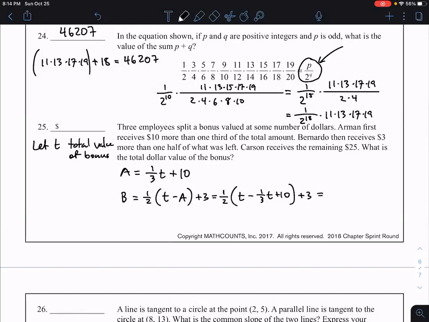So this you can simplify and you'll get 1/2 T minus 2. Now Carson gets 25. So T, our total, is just equal to A plus B plus C. So we can add all of these together and solve for T. So 1/3 T plus 10 plus 1/2 T plus 2 plus 25. All of this is equal to T.